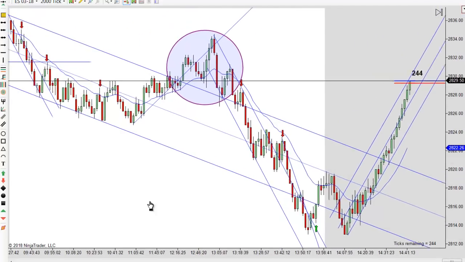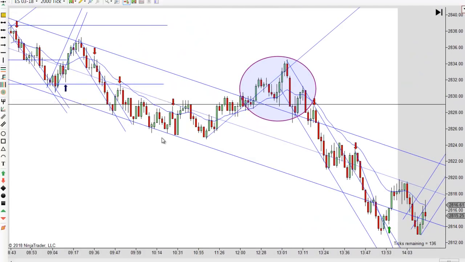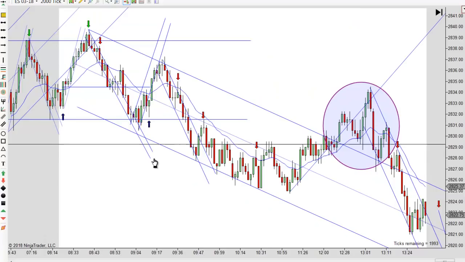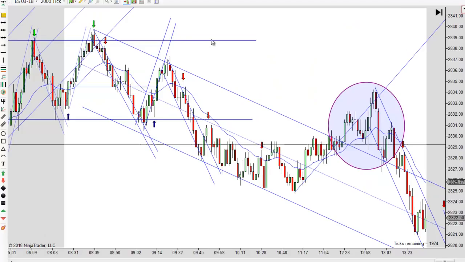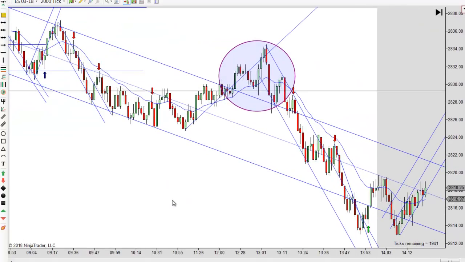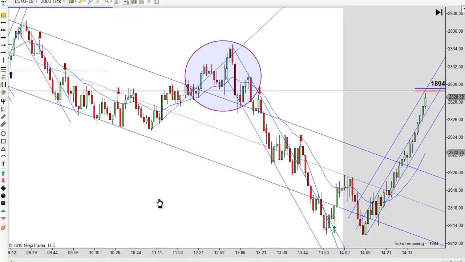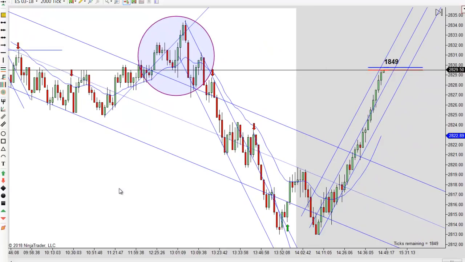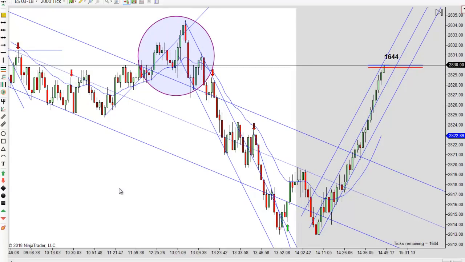And so all a trend line, or a trend channel line, is, is a slanted support and resistance. It's no different than this sideways support and resistance. It's just on an angle. And that's why they're so important. I mean, everything we do is all about support and resistance. So always keep that in mind.